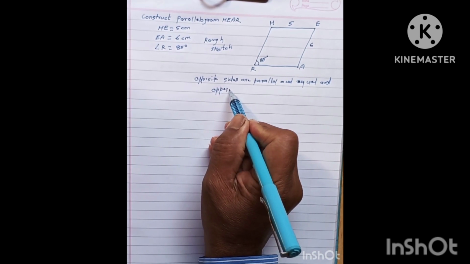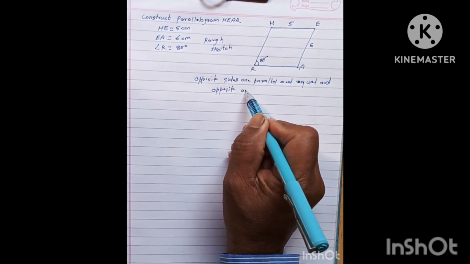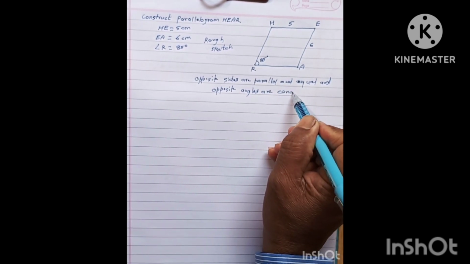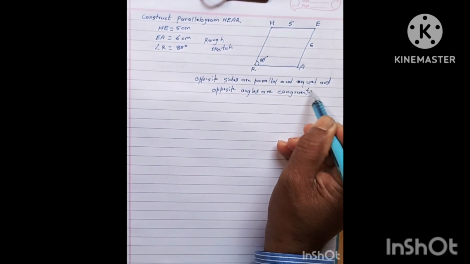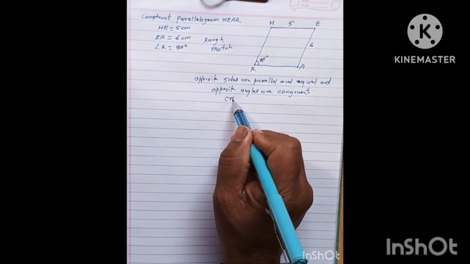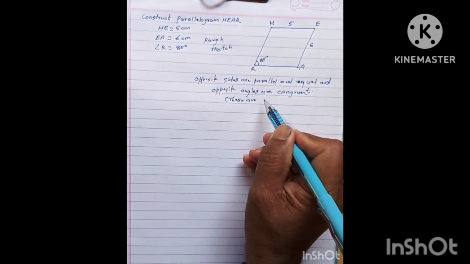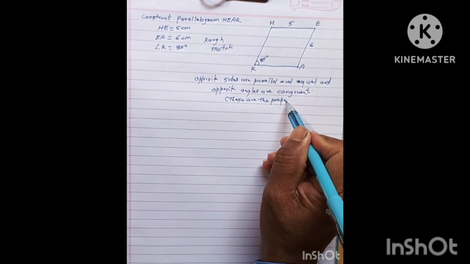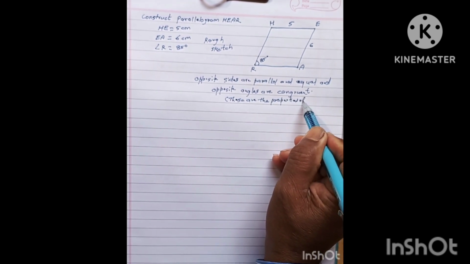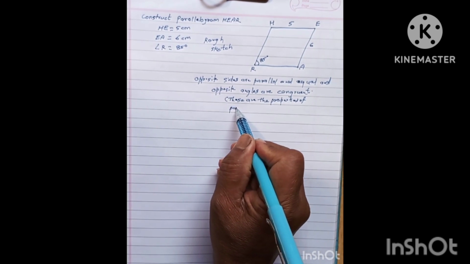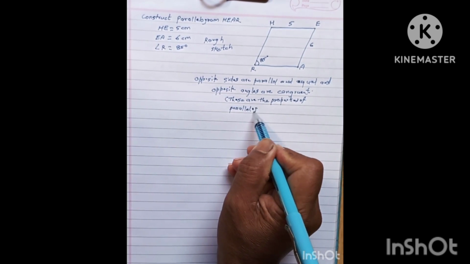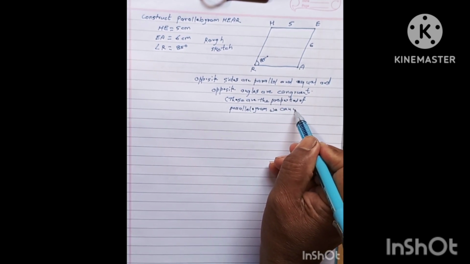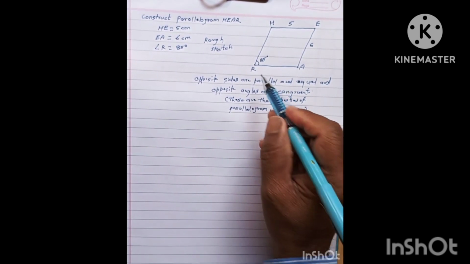First, opposite sides of the parallelogram are parallel and equal, okay, and opposite angles are congruent, okay. So it is given in the comment there. So these are the properties which we are going to use to find the other angles or the parameters, okay.